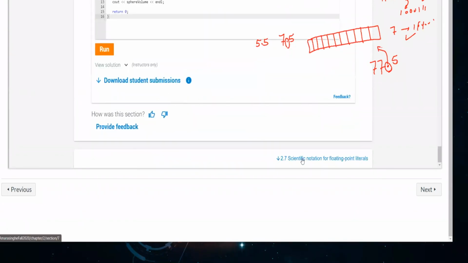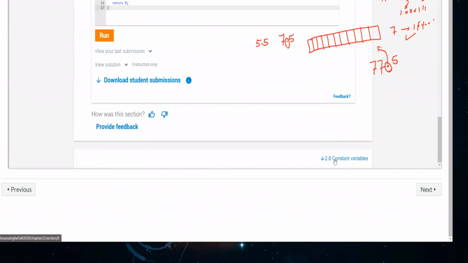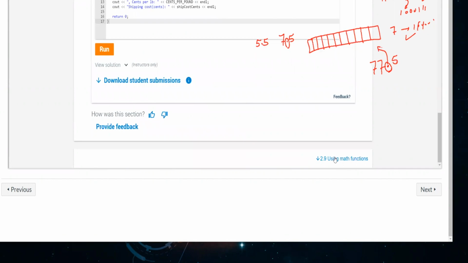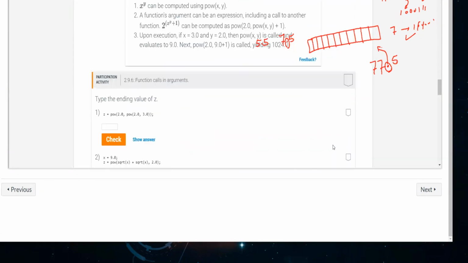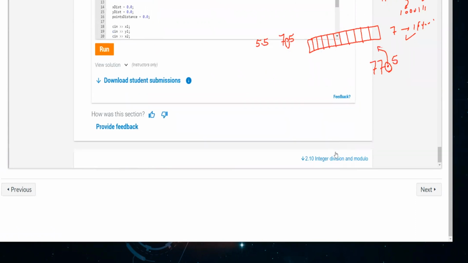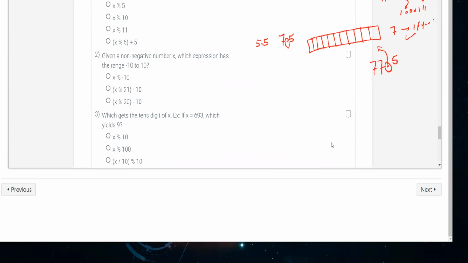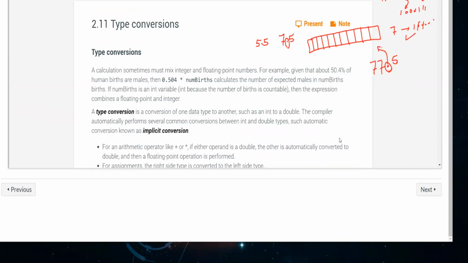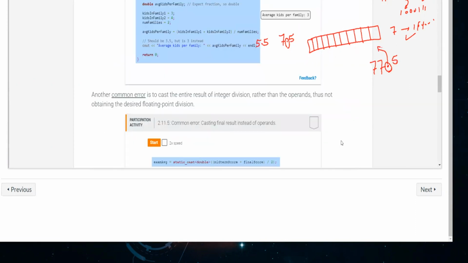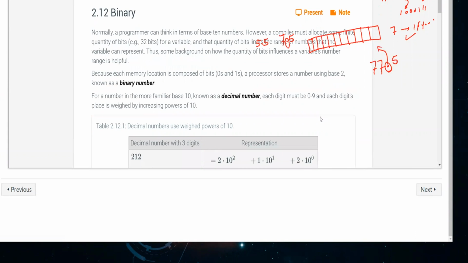If you really want to talk about this a little more, let me go to that and come back. I think it's under constant variables, math functions, integer division and modular. Okay, so I'll give you a few minutes to think about it. How are you really going to store a dot in a computer, if anybody knows about it?